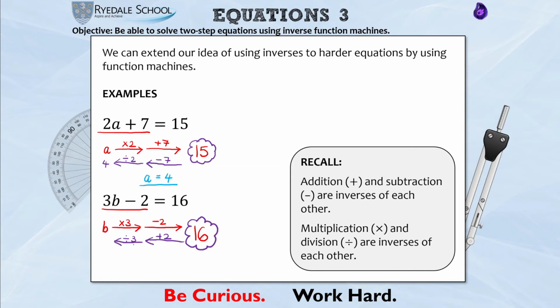And 18 divided by 3, count up in threes if you need to, but 18 divided by 3 is 6. So I now know the answer to this equation is b equals 6.